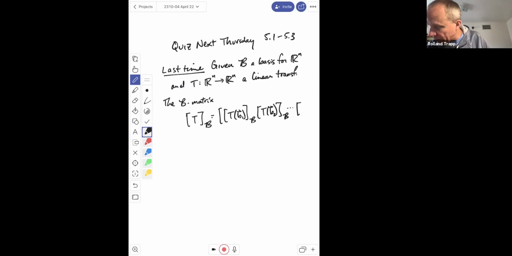So you take the images of the basis vectors, but then you put them in B coordinates.